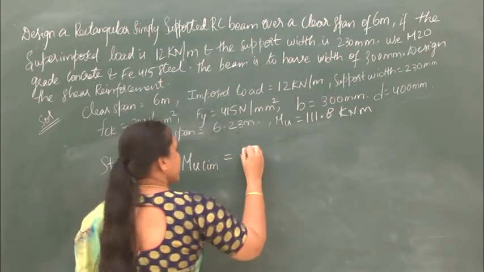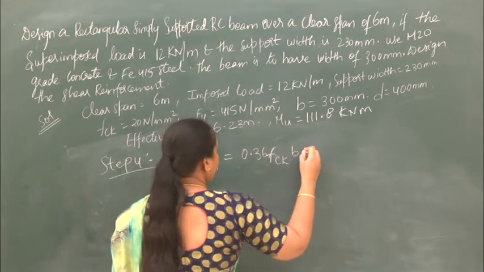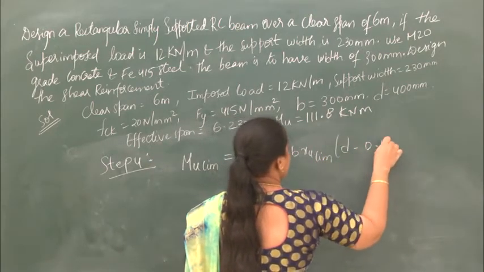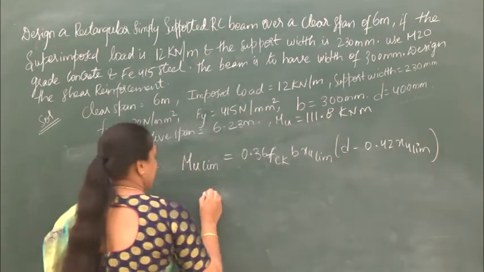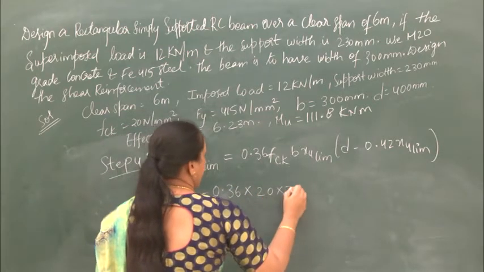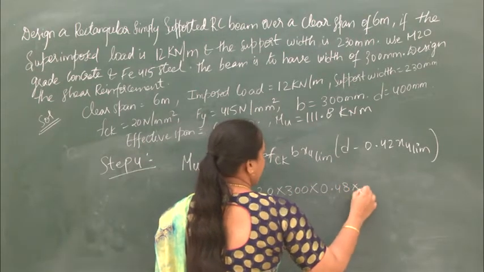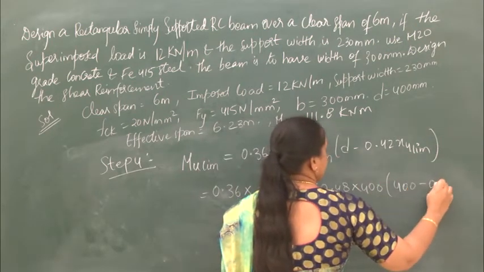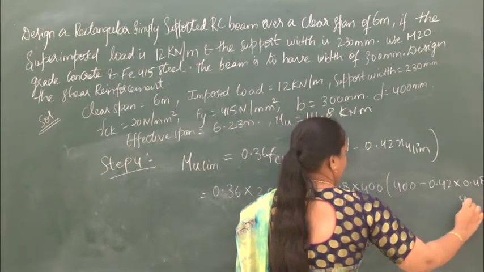Mu limit is equal to the same 0.36 fck b into xu limit into d minus 0.42 xu limit, which is equal to 0.36 into fck, 20, into b, which is 300, into 0.48 into d. d is 400, into 400 minus 0.42 into 0.48 into 400.